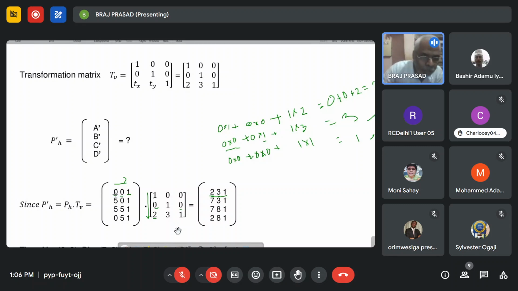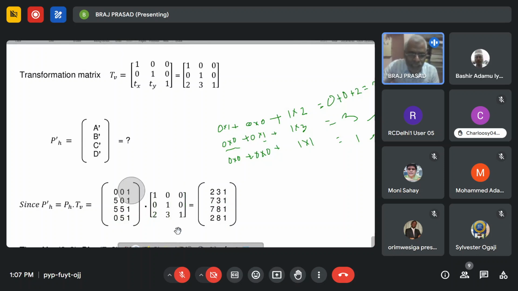If we multiply the second row with these three columns, we get 7 3 1. Then we multiply the third row with the three columns, we get 7 8 1. You can calculate it. And the last one we get is 2 8 1.